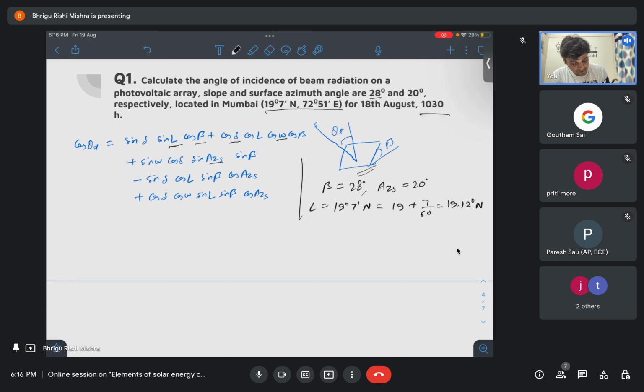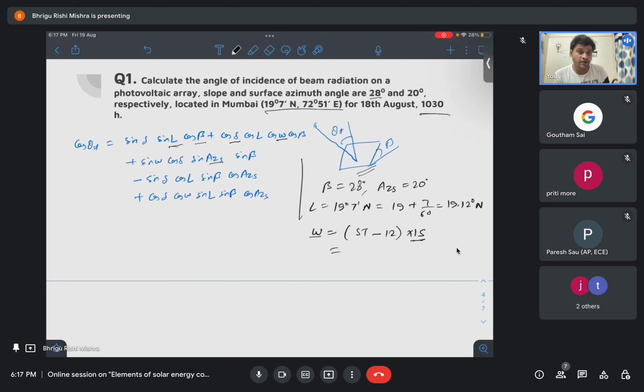Considering solar noon at 12, omega is basically the solar time of that position minus 12, into 15. 15 is because in 1 hour the earth rotates 15 degree. Since omega is an angle, it will be in degrees, that is why 15 is here.